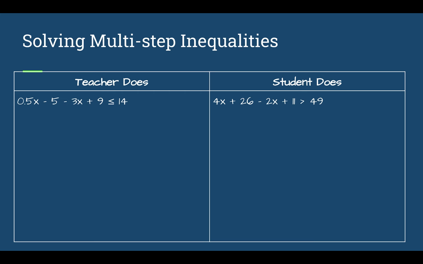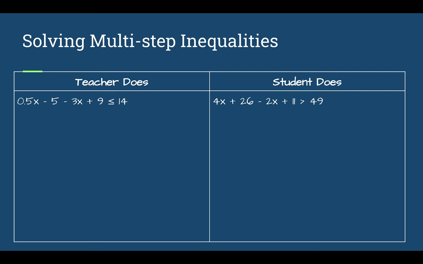So let's look at a couple different types of inequalities, some with distributing and some with variables on both sides. First, we have the inequality 0.5x minus 5 minus 3x plus 9 is less than or equal to 14.